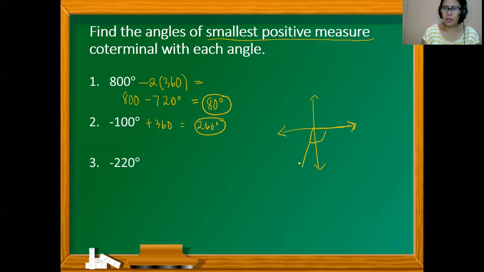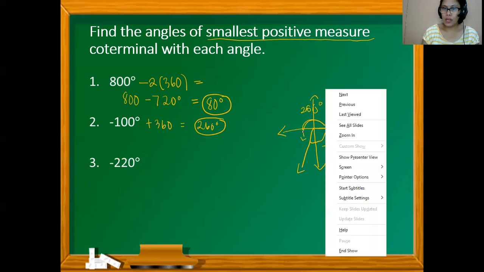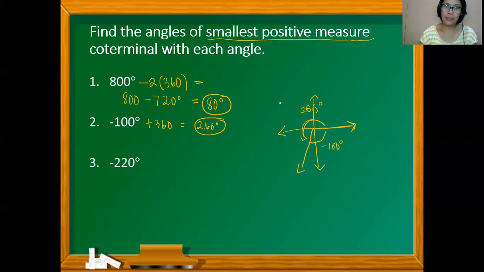So this is negative 100 degrees, and it is coterminal with 260 degrees. 260 degrees is a positive angle, so its rotation is counterclockwise. This is the initial side going in this direction until this one, and they have the same terminal side.